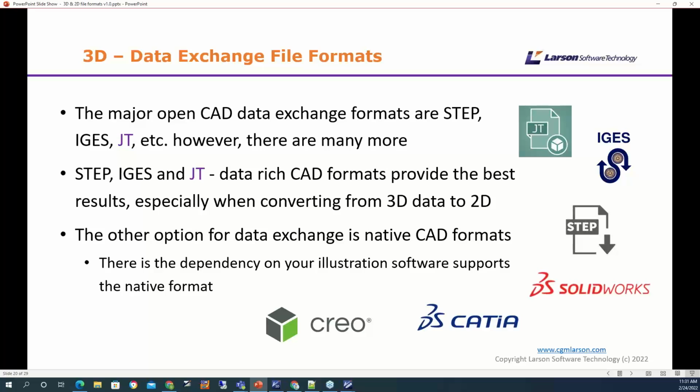In the future, we'll be looking to support the JT format, which is mainly found in automotive, from our experience anyway at the moment. They're all data rich, so all the geometry we need comes through, whether we're using them as 3D data or converting them to 2D. That's important if we want to create quality 2D illustrations.